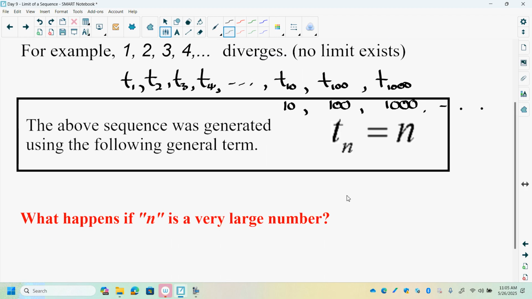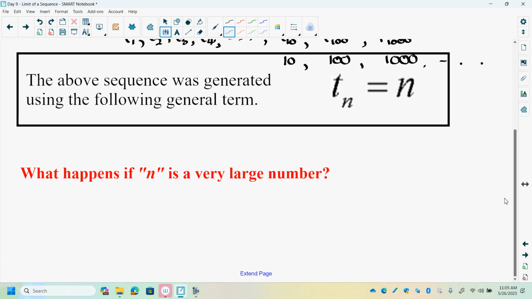What happens if n is a very large number? Tn is a very large number. It's the same number. If I try to write this as a limit, to calculate the limit, remember, n is very large. That means n is approaching infinity. So that's what we're working with. Direct substitution works.